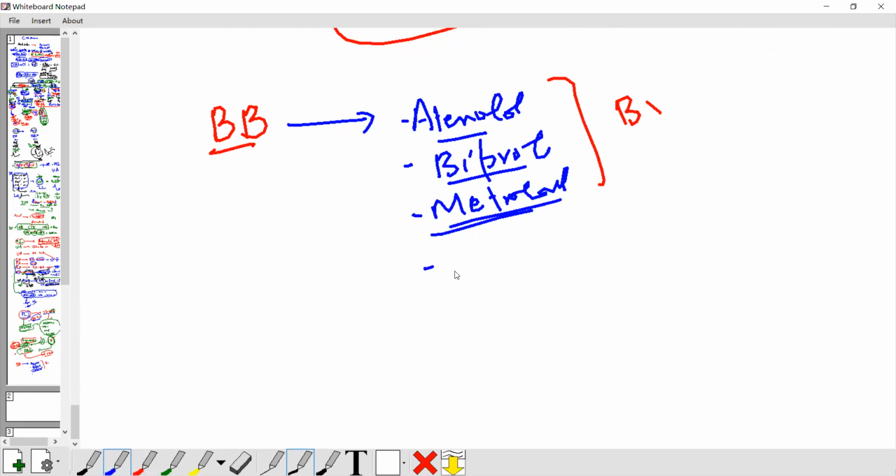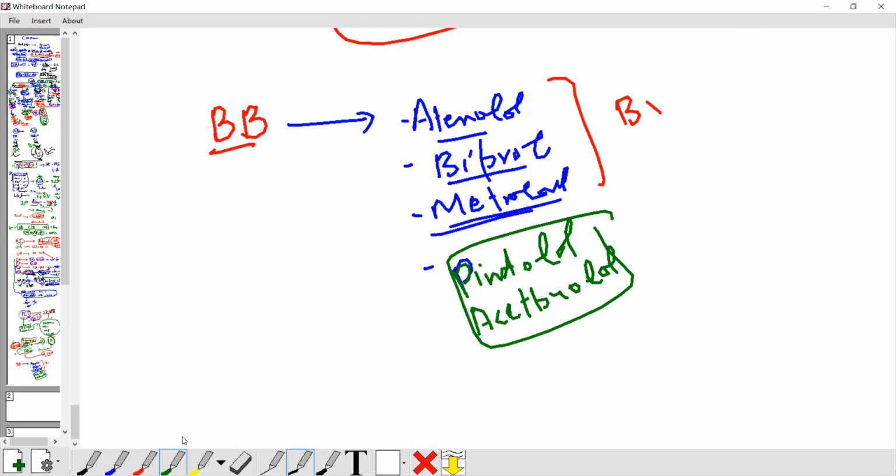We have two others, and also do not forget this, it is a very important point: pindolol and acebutolol. Anything special about these two?